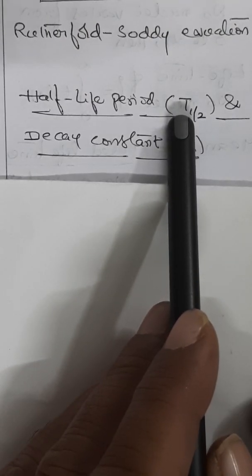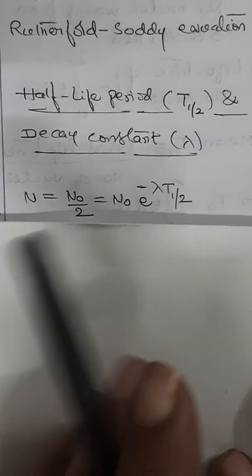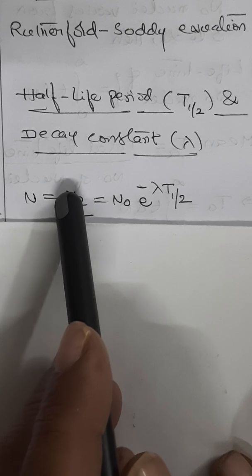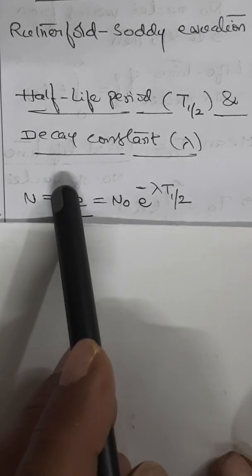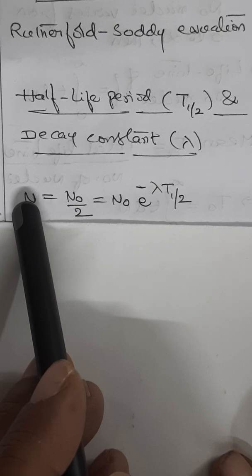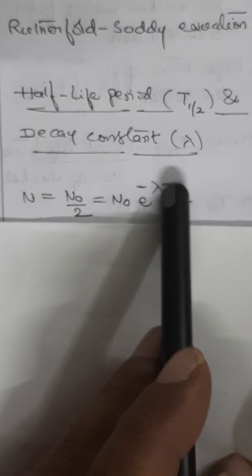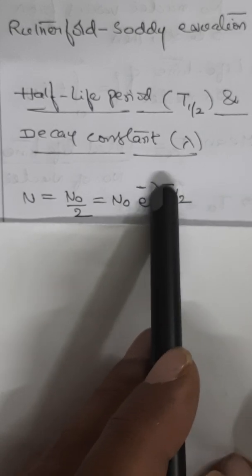So we have already seen that the original number of nuclei is n0. Half of it means it becomes n0 by 2. That is the number of nuclei left after the decay. But just now we have seen that n equal to n naught into e power minus lambda t. Here t becomes t half.